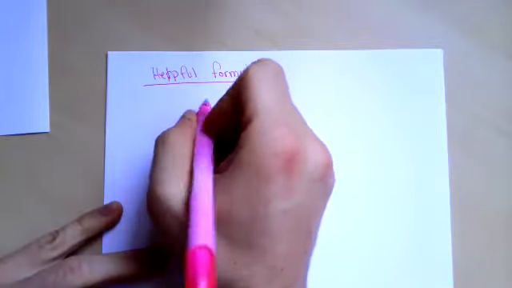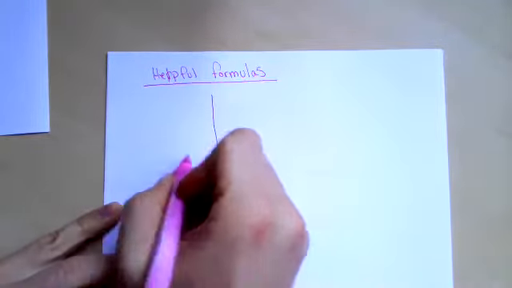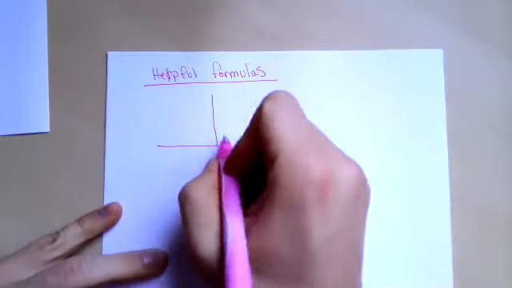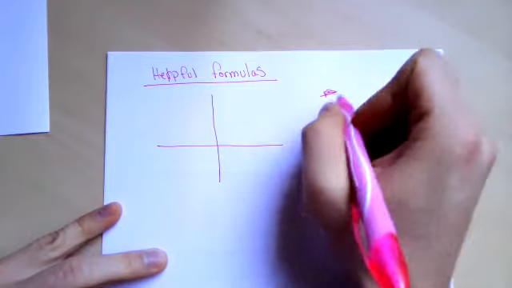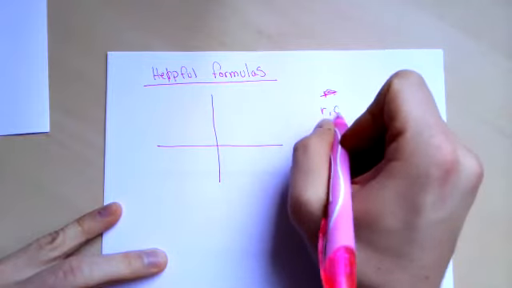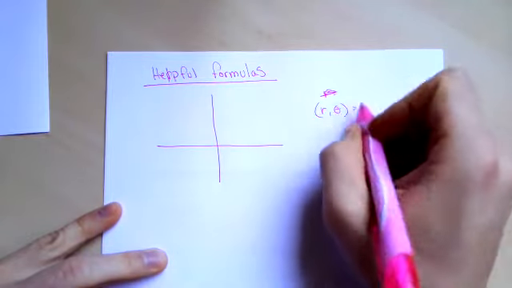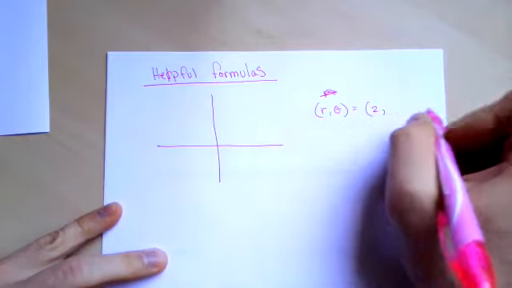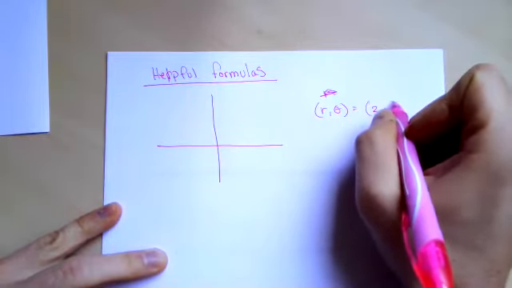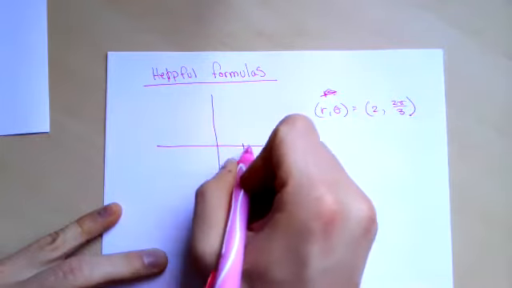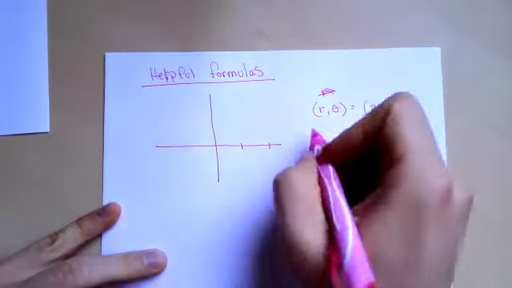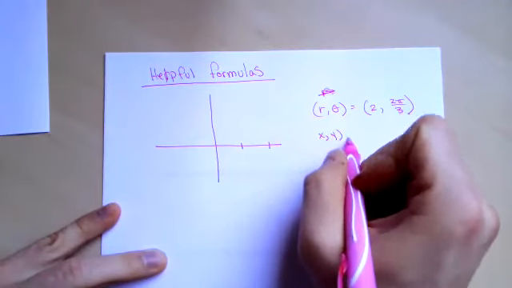progresses. Okay, so if I have a point and I'm told, let's give our coordinates, (r, theta) is (2, 2 pi over 3). How would we find our xy coordinates for that?